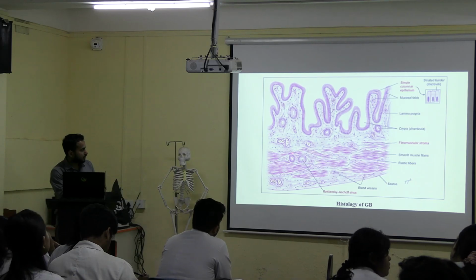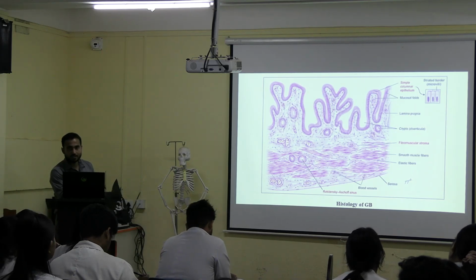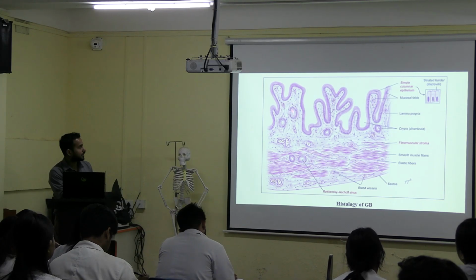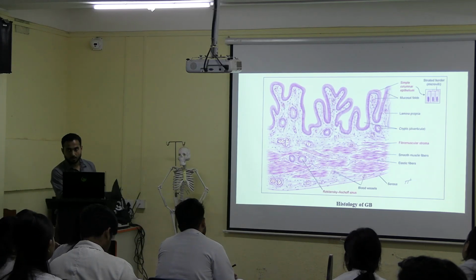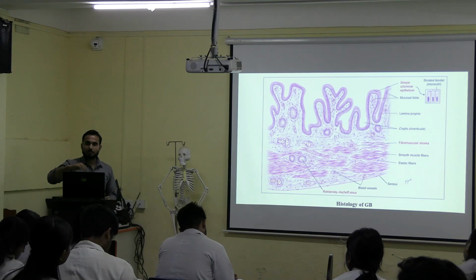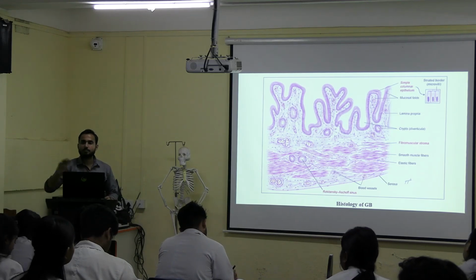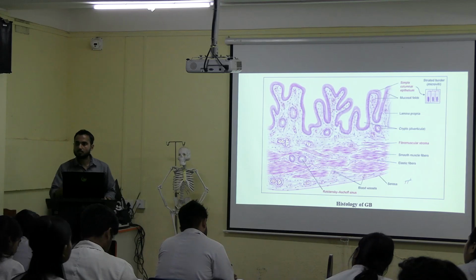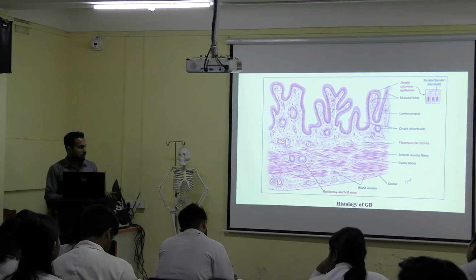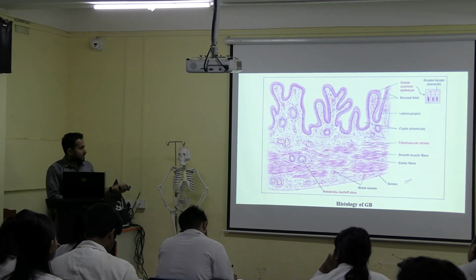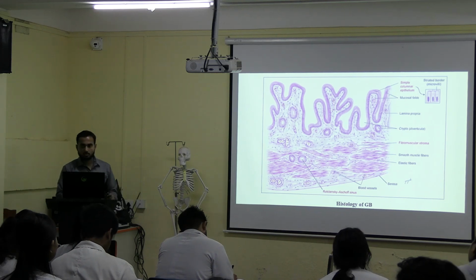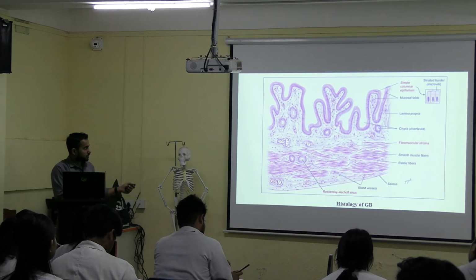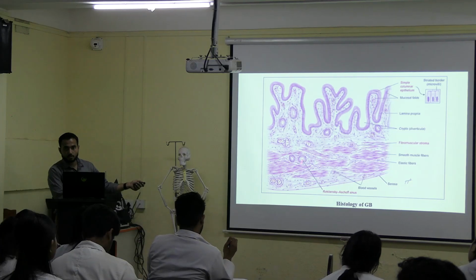Next, you can see Rokitansky-Aschoff sinuses. What are these? These are deep diverticula from the mucosa. Due to these diverticula, whenever a section is taken, it appears as a gland, but actually this is not a gland. And then ultimately here you can see the serosa. This schematic diagram you have to draw in your practical notebook.